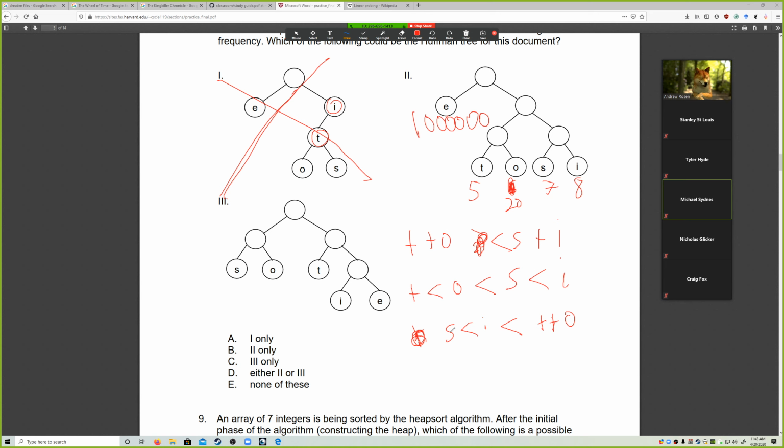So for that last inequality, we know that T and O have to be together because they're going to be the first two things in the priority queue: T, O, S, I, E. If we add T and O together, they get added into a single node, which has a combined weight greater than S and I, because S and I get joined together.